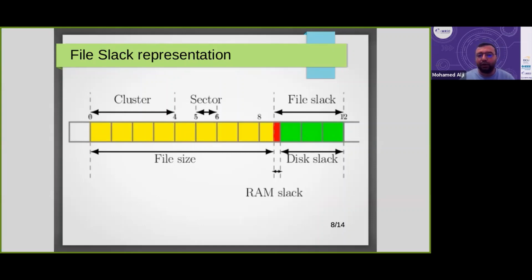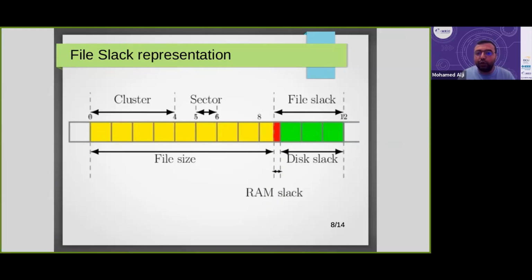Take it for example as 4,400 bytes. In this case, the operating system will allocate 3 clusters rather than 2 clusters and a sector. As you can see in the representation, the real file size is different from the allocated space, which is 3 clusters. From there, we get that there is a file slack generated at the end.